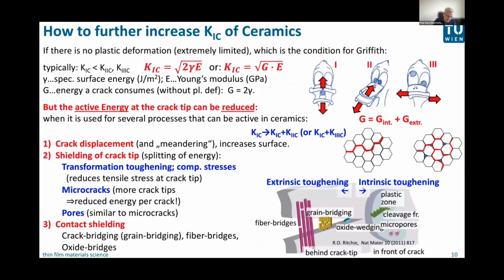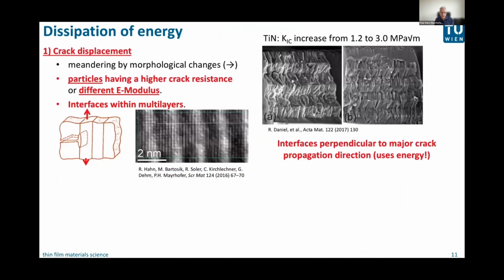The other one I'll show you briefly in the remaining minutes is transformation toughening. Please remember, we had this example of cubic aluminum nitride going to hexagonal aluminum nitride, where we have a huge increase in volume. Of course, we can use that, right? Microcracks are very effective, and also pores. I'll give you a few examples.